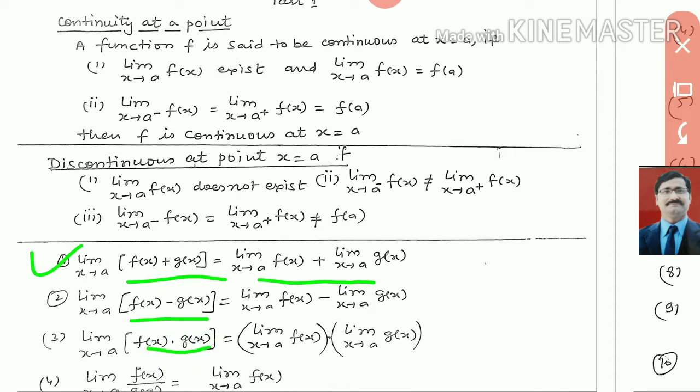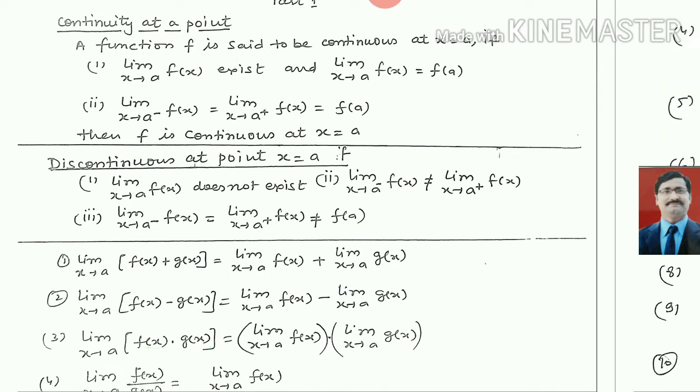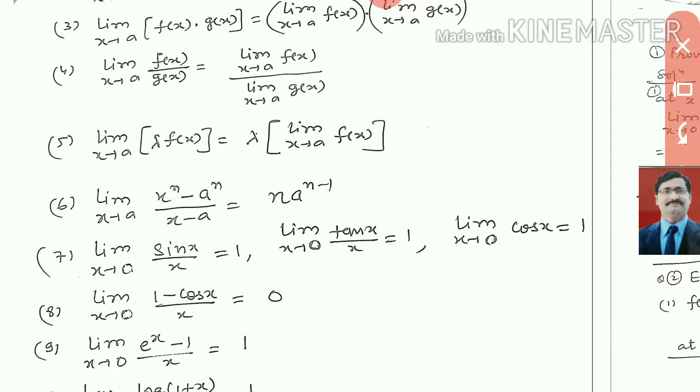Same for multiplication: limit x tends to a f(x) into limit x tends to a g(x). And the same case for division: limit x tends to a f(x) upon g(x) you can write as limit x tends to a f(x) upon limit x tends to a g(x). All of you understand this?